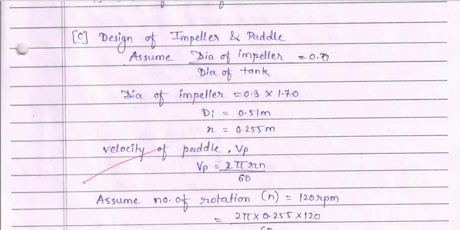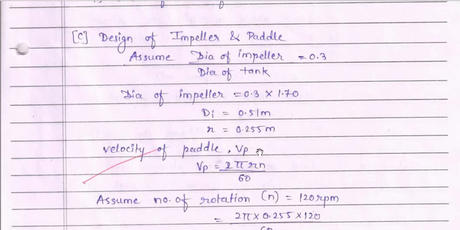We are assuming it as 0.3. The diameter of the tank we have just calculated as 1.7, therefore the diameter of the impeller comes out to be 0.51. The radius of the impeller is half of that, that is 0.255 meter.